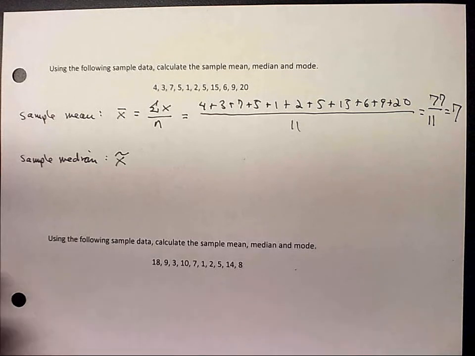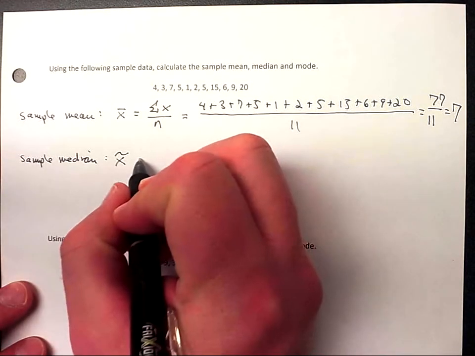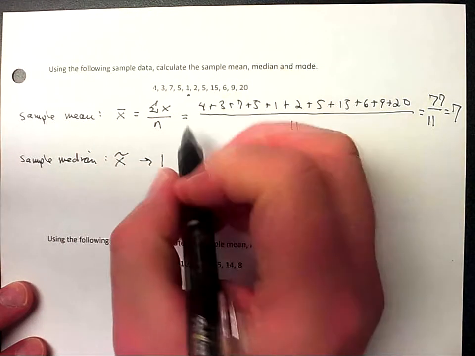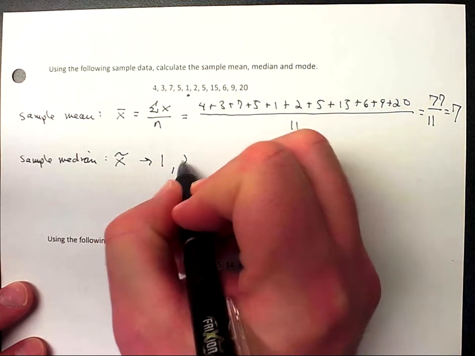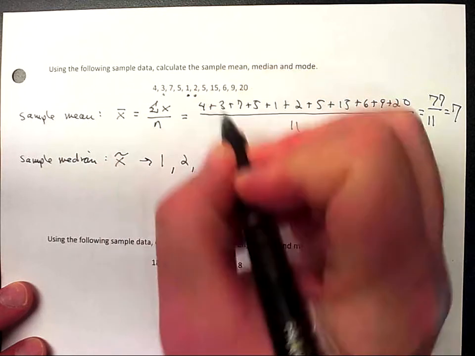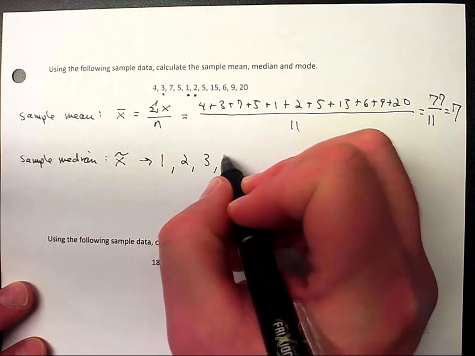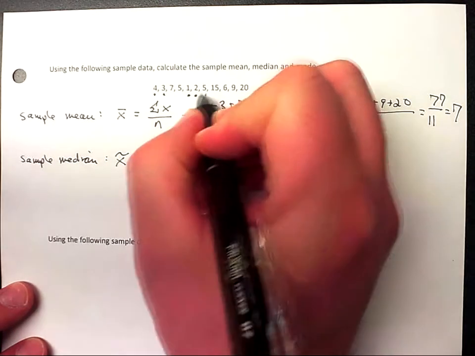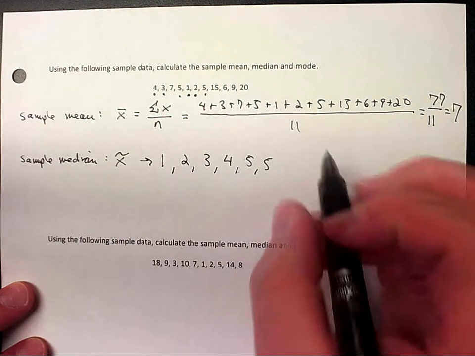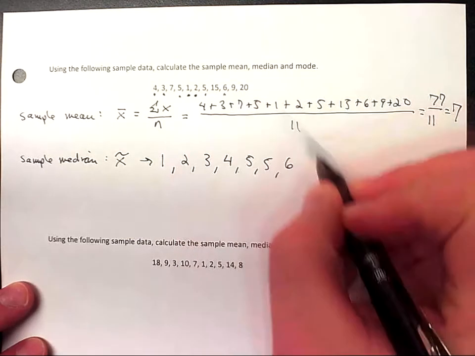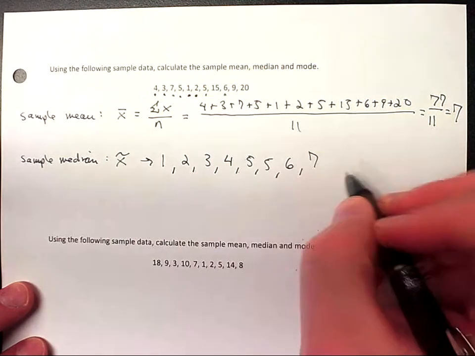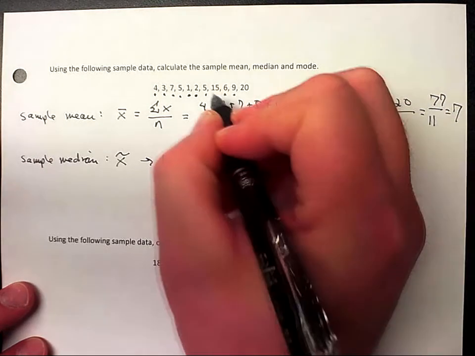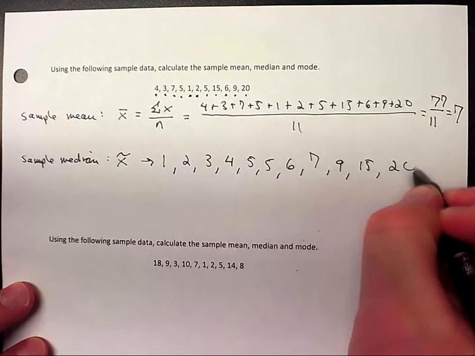Cool. So if we put them in numerical order, then here we're going to have the number 1. Then we're going to have the number 2, the number 3, the number 4. We have 2 number 5s. Then we have the number 6, the number 7, the number 9, the number 15, and the number 20.